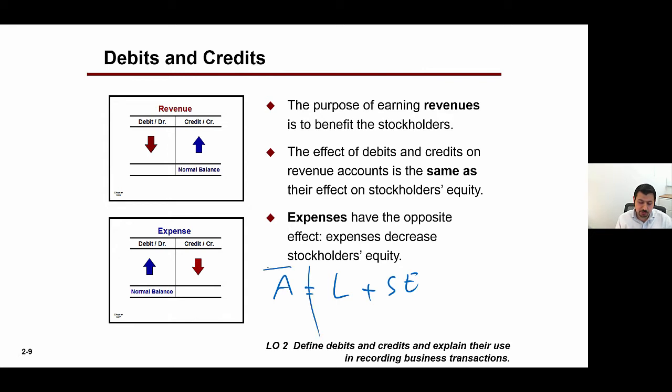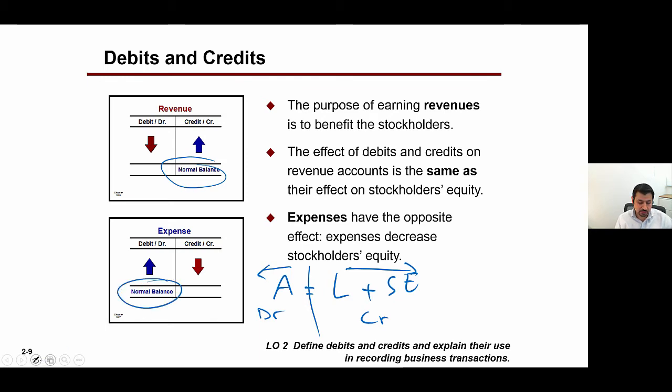This is the left side, this is the right side, this is debits, credits. Now, like we said, when revenues increase, stockholders' equity increases, so the effect is positive, and it is of the same kind. This is why revenues have a normal credit balance.